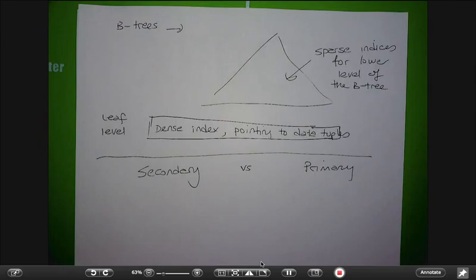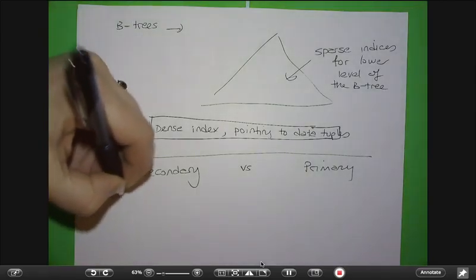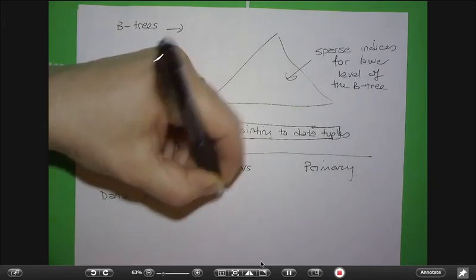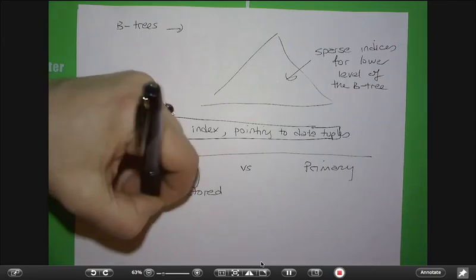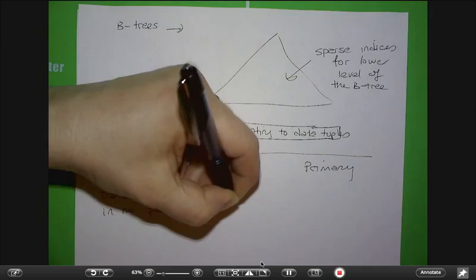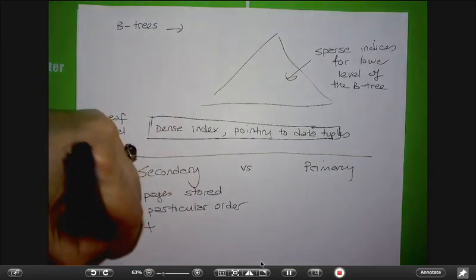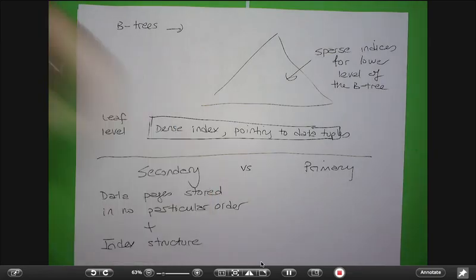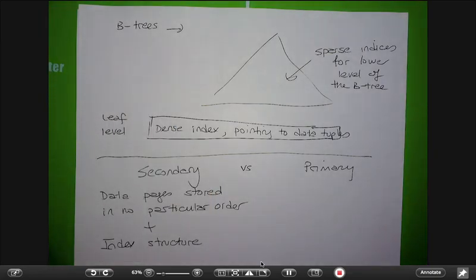So you basically have data pages stored in no particular order, plus you have an index structure. Your index doesn't have to be a B tree. There are different kinds of indices. We will talk about hashes. We will talk about bitmaps. And if you have time, I will talk about R trees.